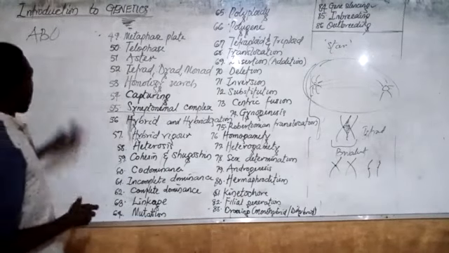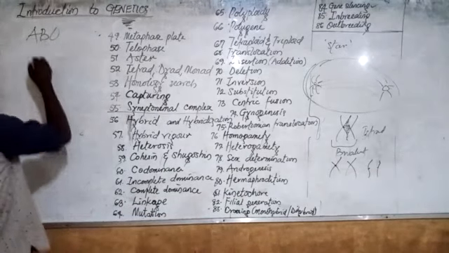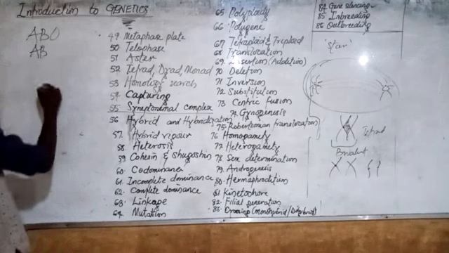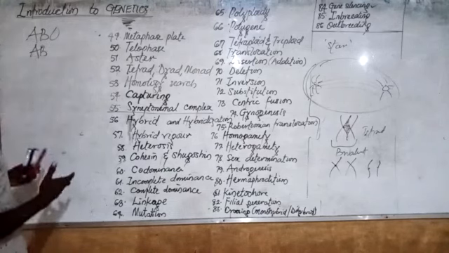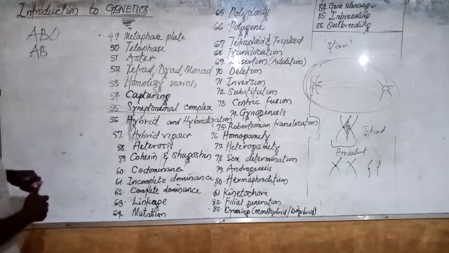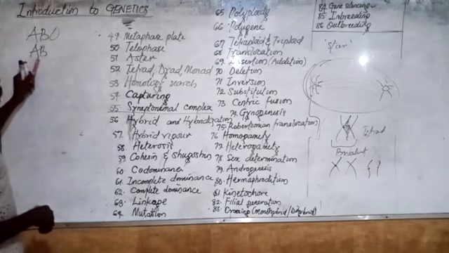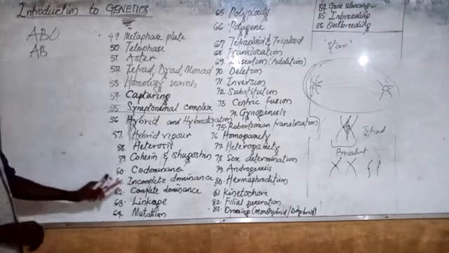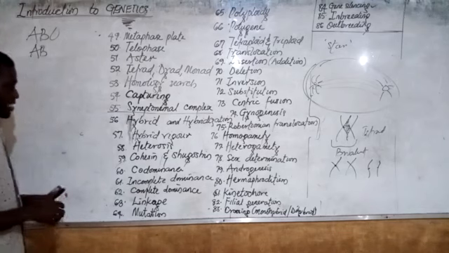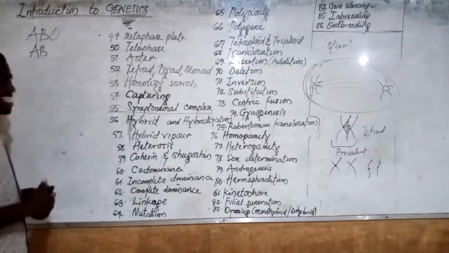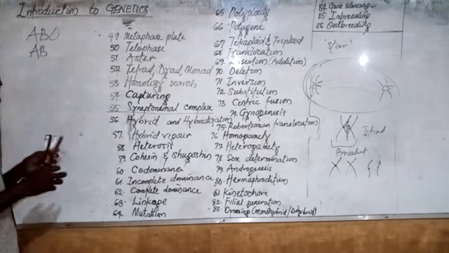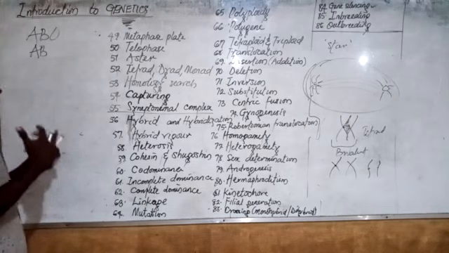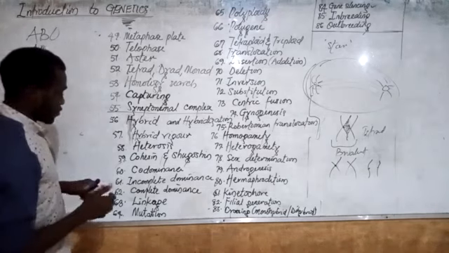You see that all of these three form the AB blood group. This is codominance, meaning that both are completely dominant. They are both dominant and they are both expressing themselves phenotypically.